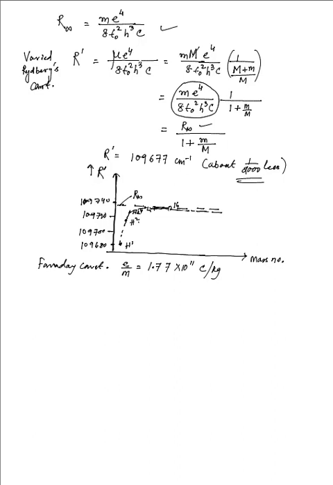Now, with all of these things, there was another thing which appeared because of this finite mass correction, and this was observed by a person named Urey in 1932.